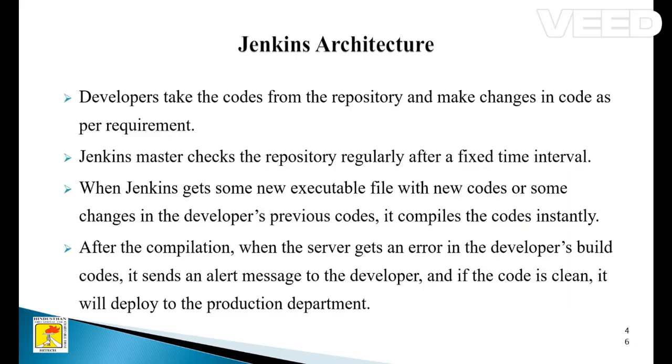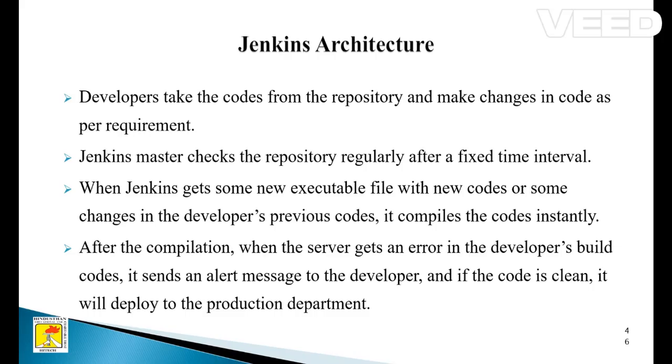Next is Jenkins architecture, with a brief explanation. The developers take the code from the repository and make the changes in the code as per the requirement. The Jenkins master checks the repository regularly after a fixed time interval.